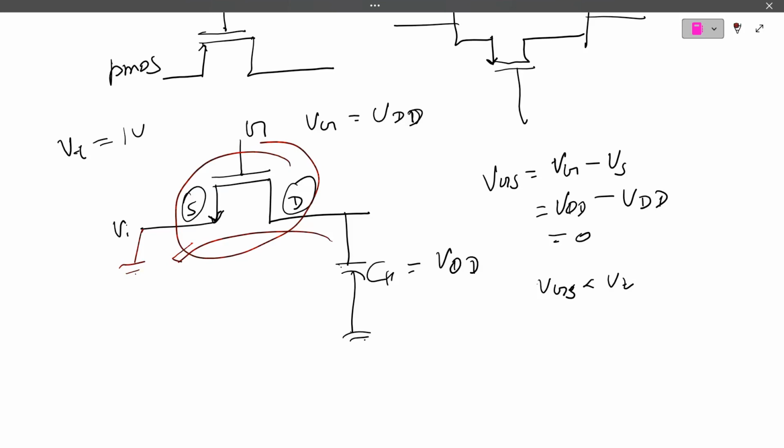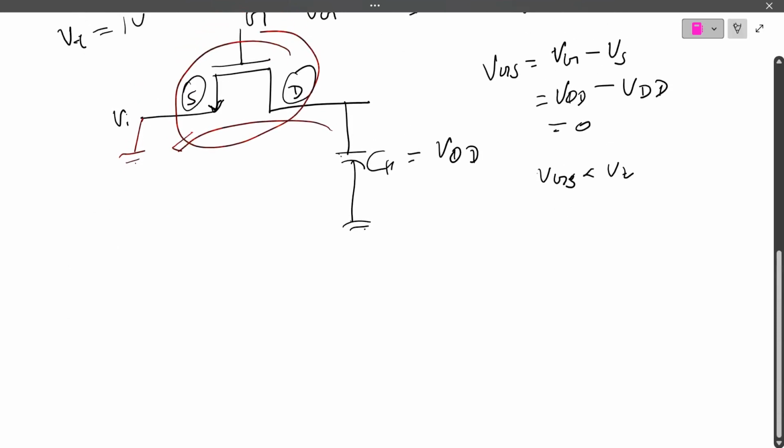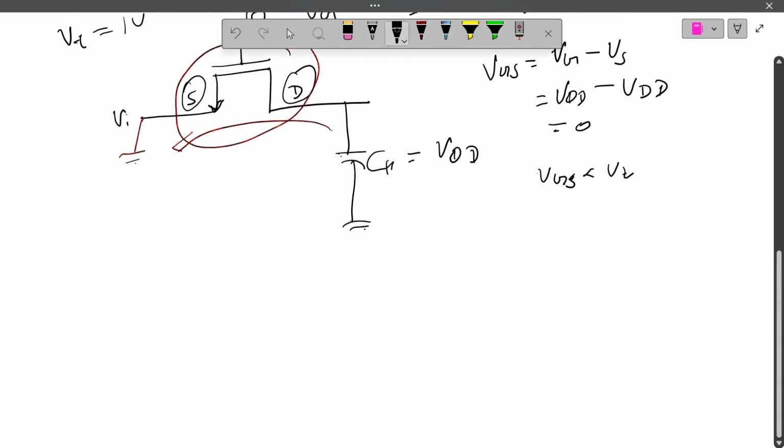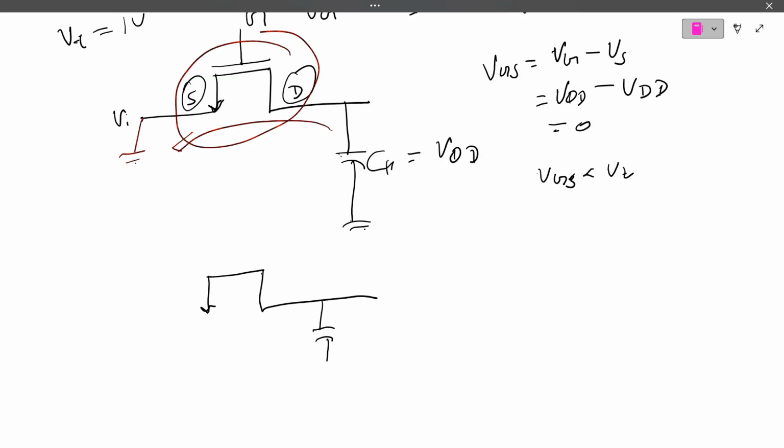Let's take another example of the similar circuit. If I take the same NMOS, this is the charging capacitance, this is the VI, this is the gate. If I apply VI equal to VDD, which is the source and which is the drain?